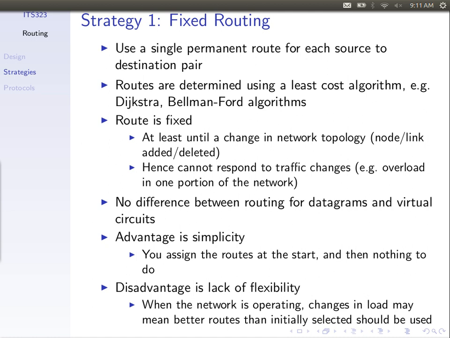It's not very flexible in that when the network conditions change, maybe there's a lot of packets starting to be sent across this link. If the cost metric represents delay, then that metric will change over time. It may go up. With fixed routing, it will still use that link even if it becomes the suboptimal path. Okay? So it cannot adapt to changes in the network very quickly.